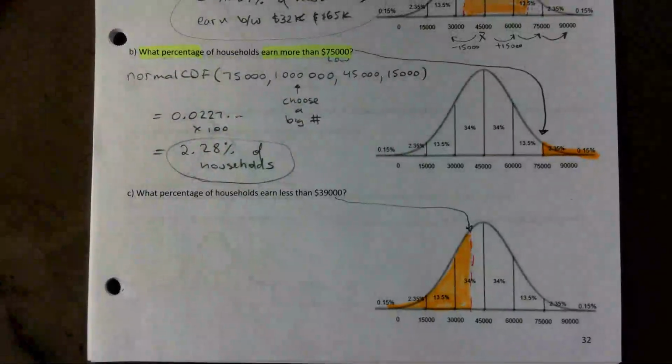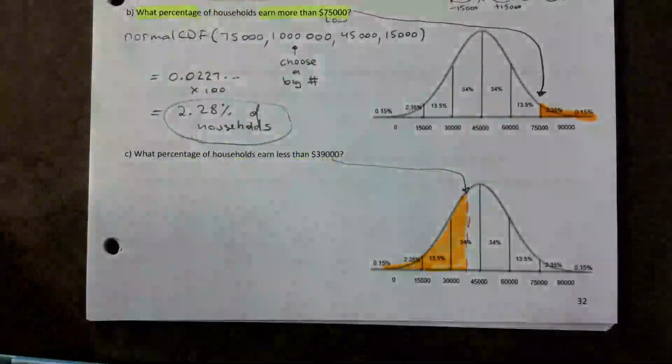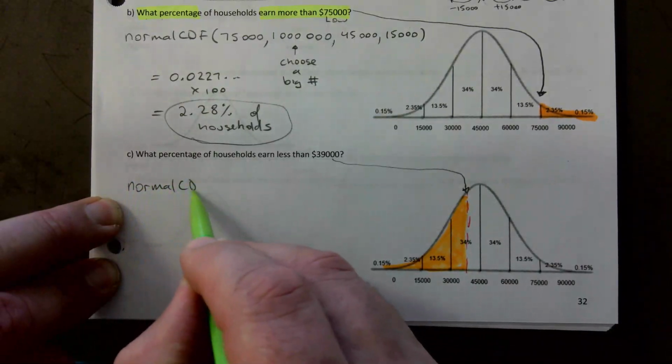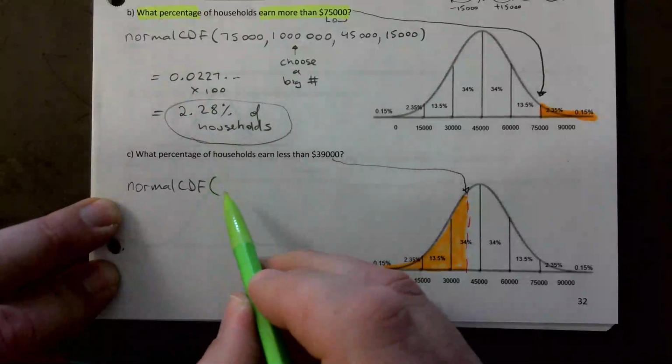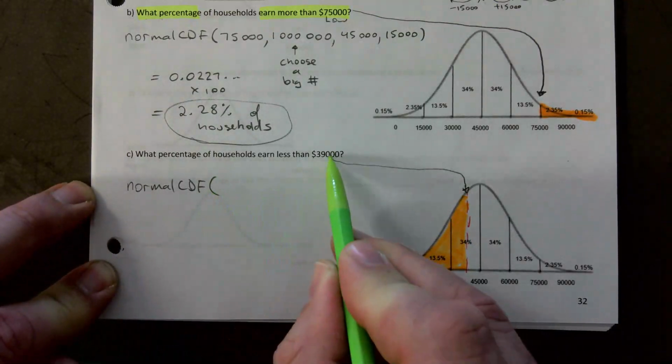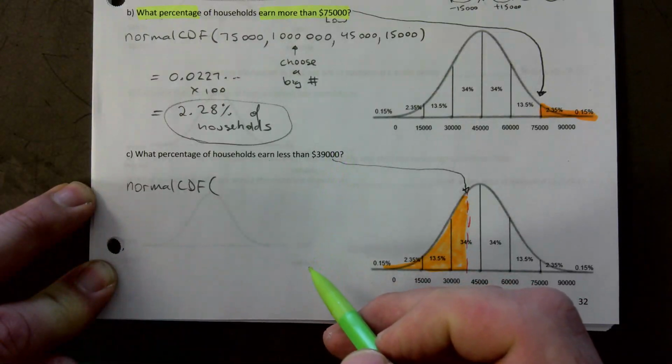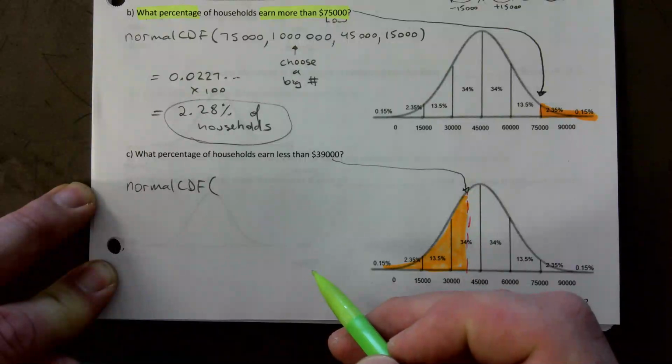So there's no lower given here. For normal CDF, what would you put down as your lower? Because this is the upper. You can go 0, you can even go negatives, whatever you feel like.